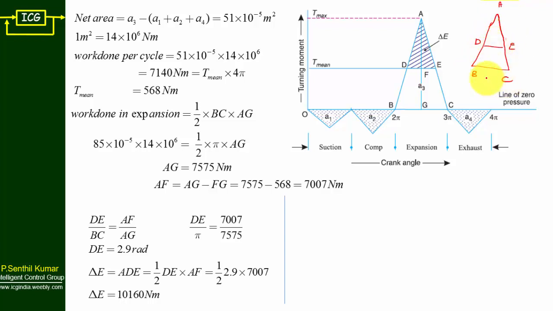So now I'm going to use the ratio of triangles: DE divided by BC equals base of the smaller triangle divided by base of the larger triangle, equal to height of the smaller triangle divided by height of the larger triangle.